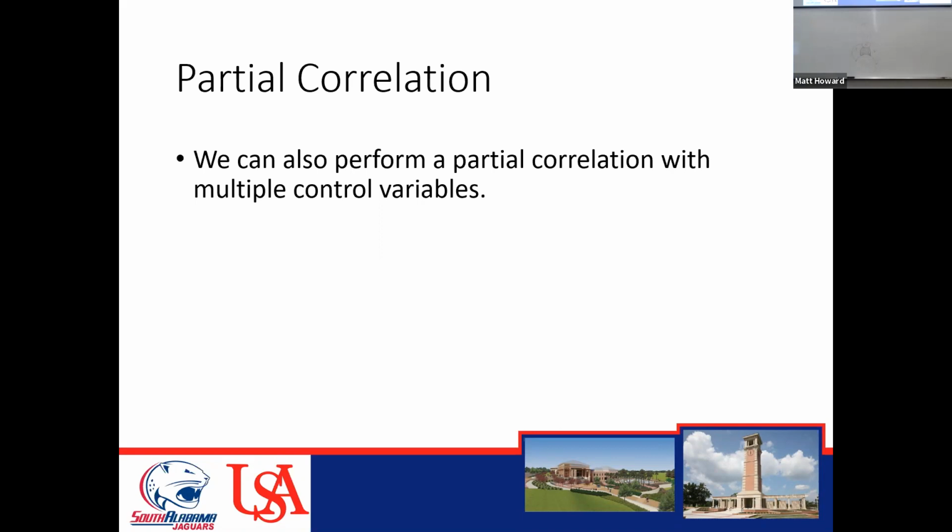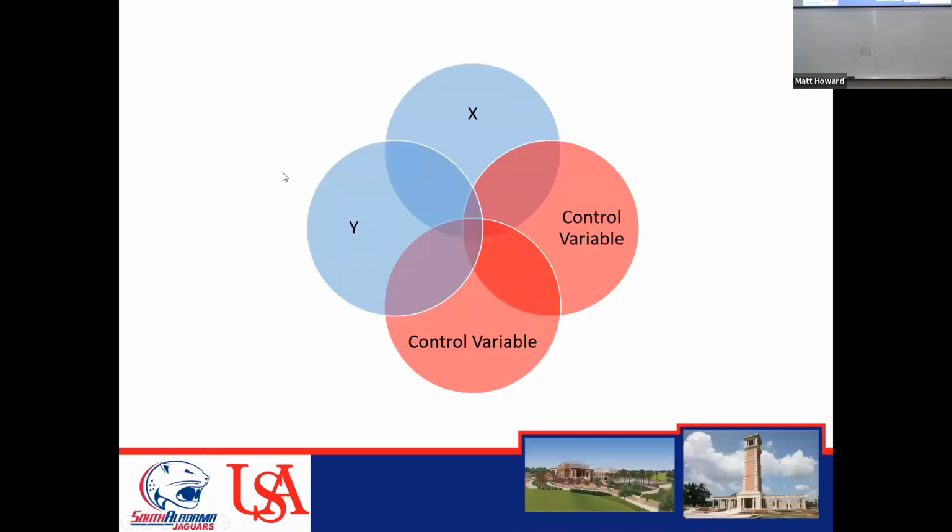So you can control for A, B, C, D, all the way through the alphabet. And that's another visual representation of that. So exactly what I drew on the board is that you have two control variables. You can take out the variance they explain, and then you're only left with the unique variance shared between X and Y.